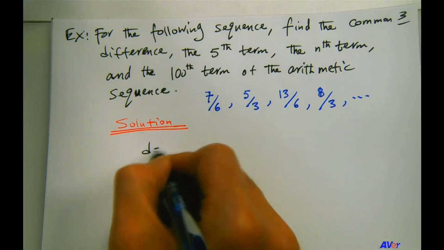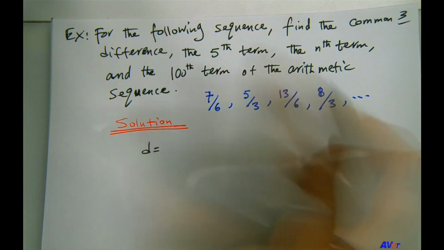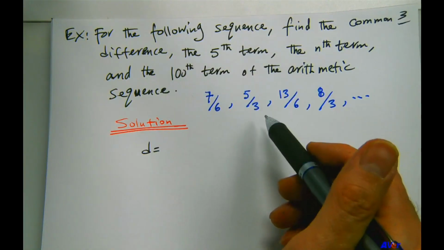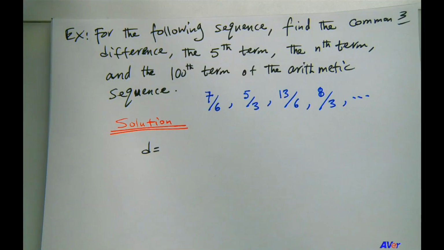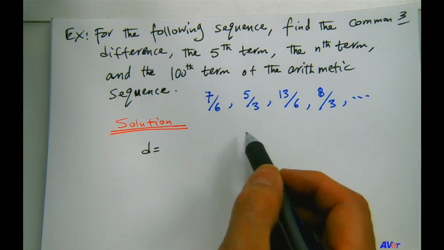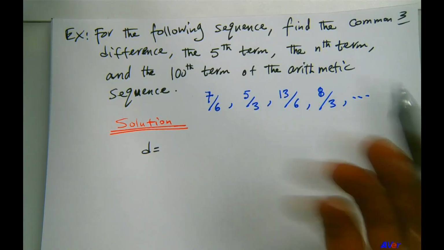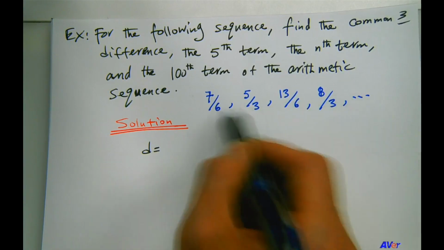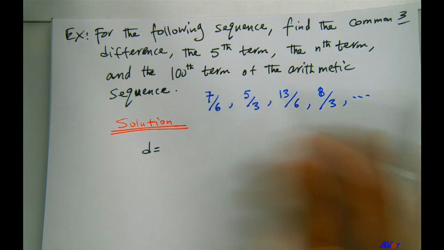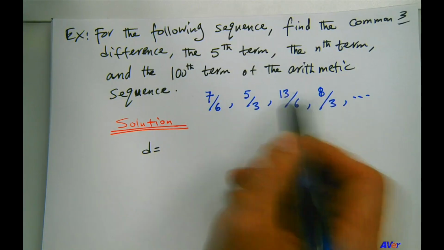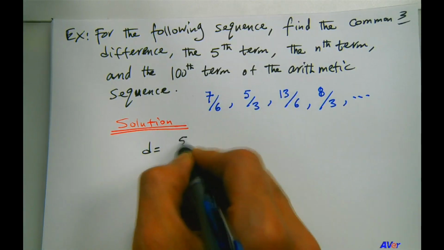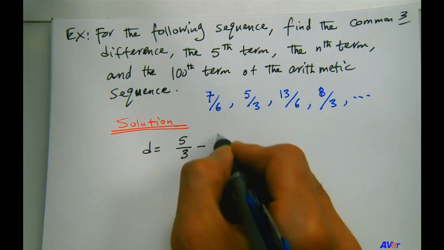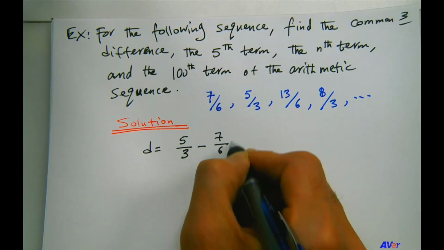So d would be the difference between, we already know this is an arithmetic sequence, so we don't have to show that there is a common difference. So let's take the difference of any pair of numbers here. I'll pick the easiest pair, this one, because the numbers are easier to work with than 13 and 8. So we would say 5 over 3 minus 7 over 6, right?